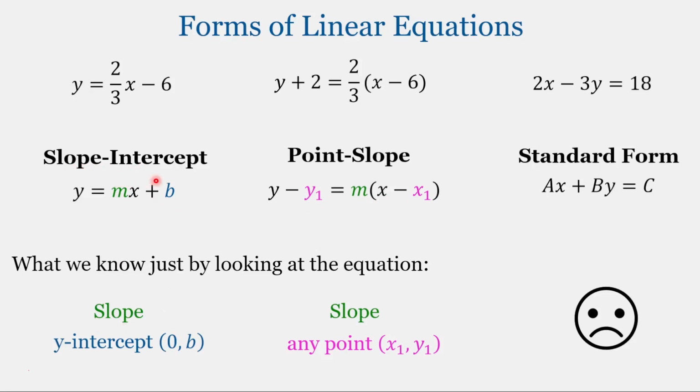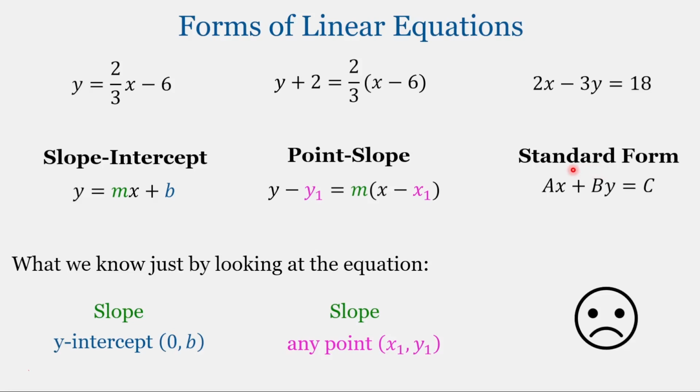For the slope-intercept form, this point is a very specific point. It's the y-intercept, so where it crosses the y-axis. For point-slope, it can be any point that is on the line.